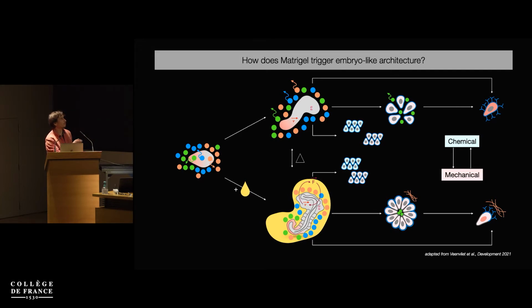So if you generate gastruloids, which are free-floating cultures, then if these secrete morphogens, or if they secrete extracellular matrix proteins, they will float freely into the medium and will basically diffuse out. Now, if we add Matrigel, we put a constraining factor there that keeps these factors at the surface.